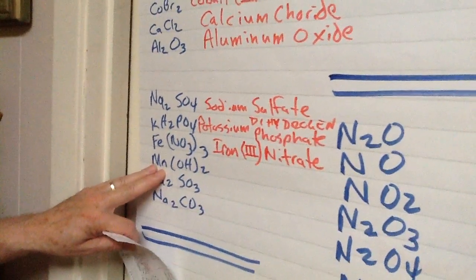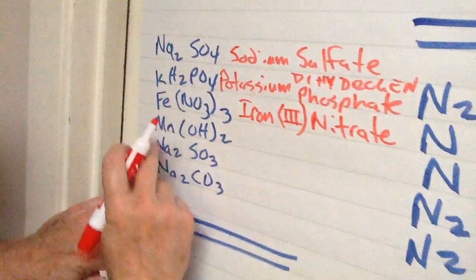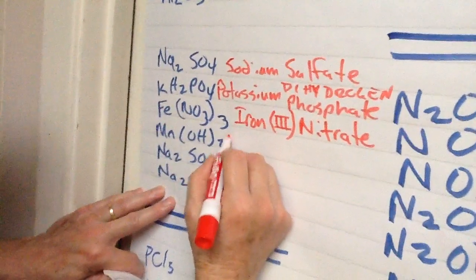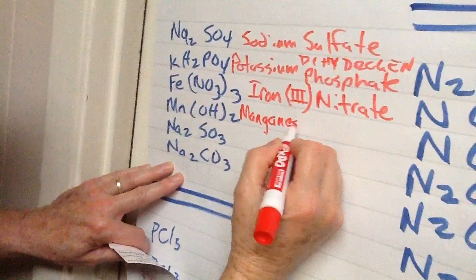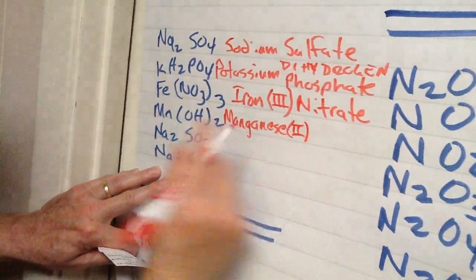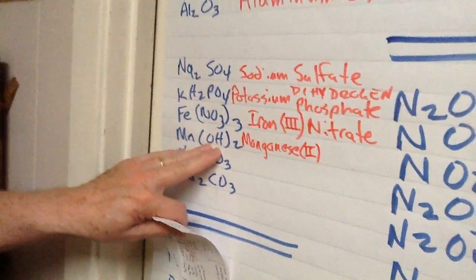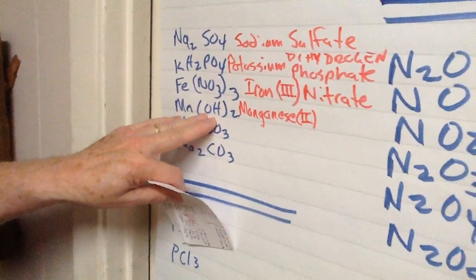Be careful. Mn is manganese, not magnesium. And again, it can have multiple valences. So this is manganese Roman numeral 2, because this OH minus, this hydroxide ion, it's a polyatomic ion.